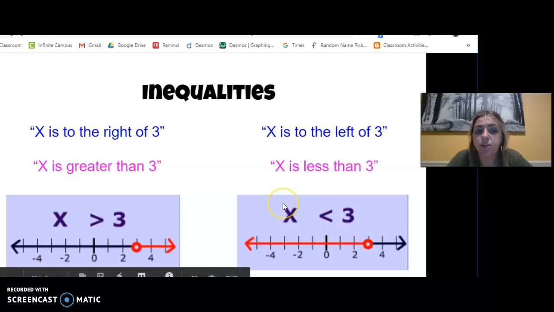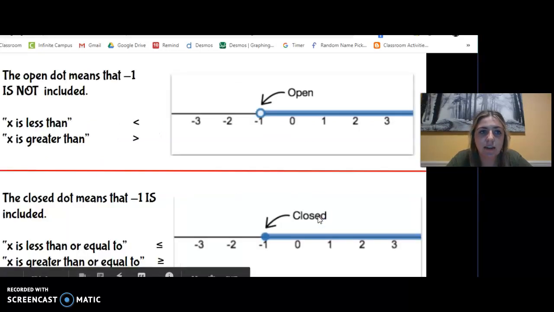And we know that's true. On the first example here, I could take any number like 4. I could substitute it in for X, and I could say 4 is greater than 3, and that would be true. So that's kind of understanding the less than and greater than signs.